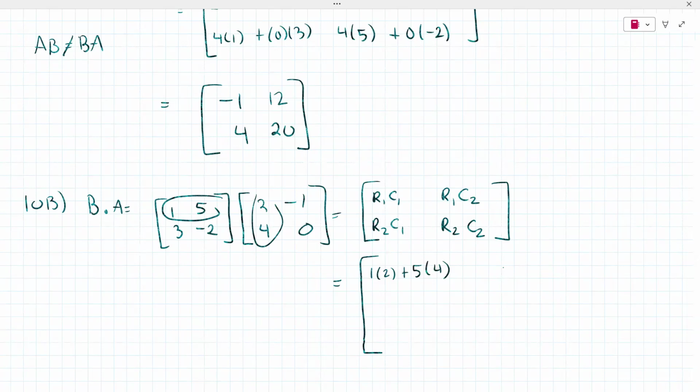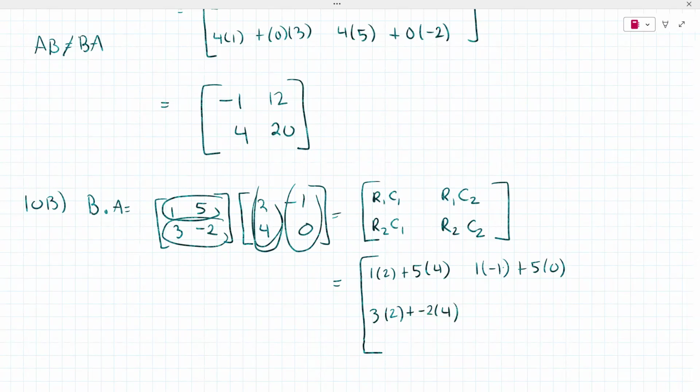And then this number here is this row by this column. So that would be 1 times -1 plus 5 times 0. And then over here, it's this row by this column. So that's going to be 3 times 2 plus -2 times 4.